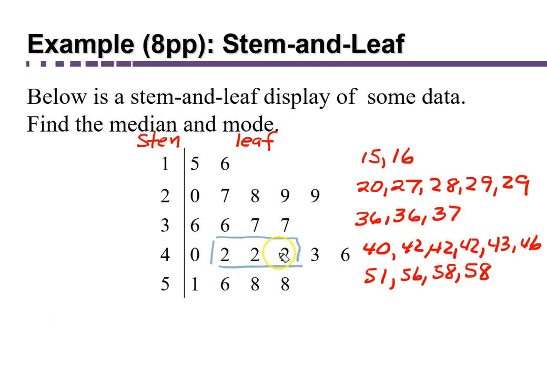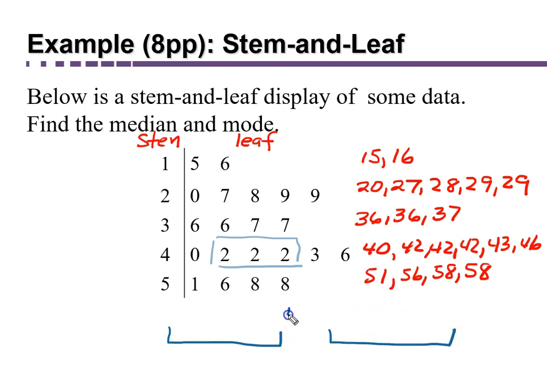The median, since there are 20 items in this display, would be, again, we're having 20, so on this side there would be 9. This side there would be 9.